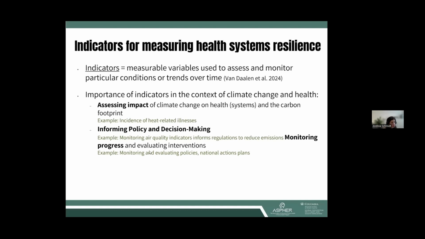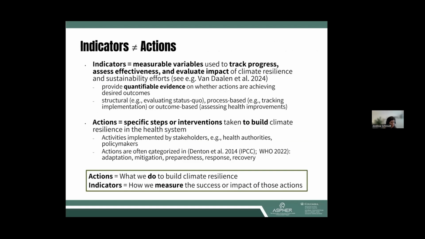But often also people tend to mix up indicators with actions. So as we heard, indicators are measurable variables used to track progress, assess effectiveness, and evaluate impact. And they provide quantifiable evidence. So we can count what comes out of an indicator. And that can be structural, process-based, or outcome-based, as we will hear in a minute again. We will get back to this.